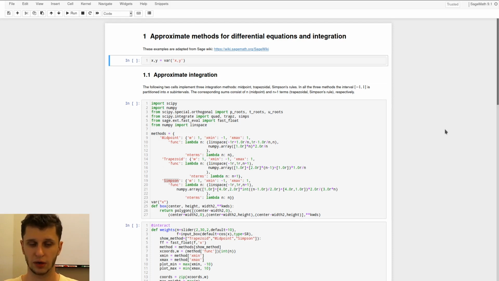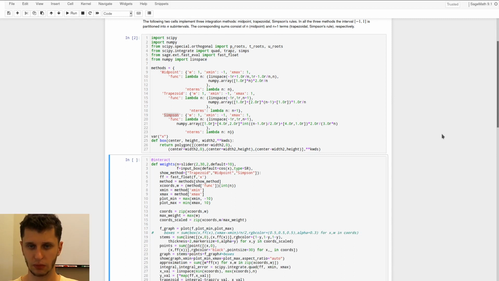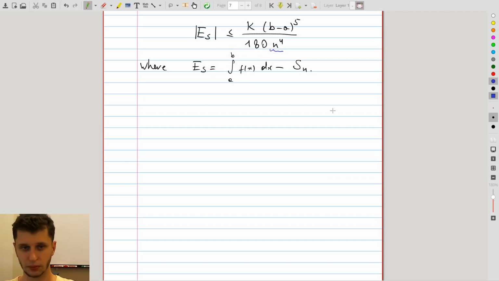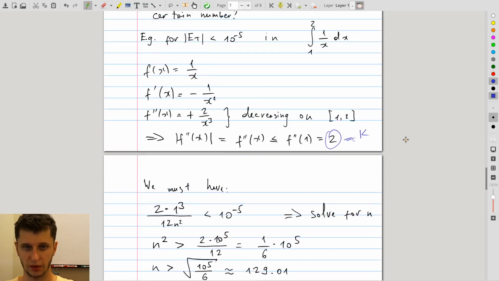What this notebook does is introduce the necessary definitions for these approximate integration rules. Specifically, these here are the definitions of the coefficients in three integration rules. If you recall, in our integration rules we had these coefficients.